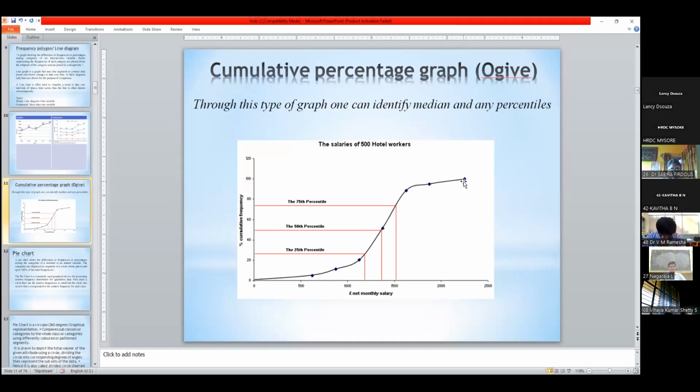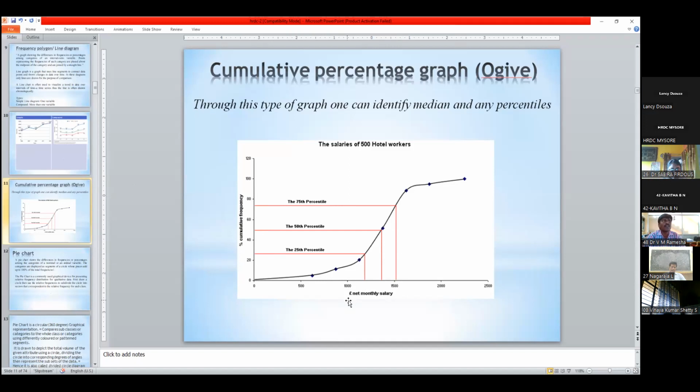If you see the highlighted end point here, it is 100. Now you can cut at any point. Suppose you want the 25th percentile, you cut here on the line and draw a slope down. Cut here, and you can get each point on the x-axis as the 25th, 50th or 75th percentile.